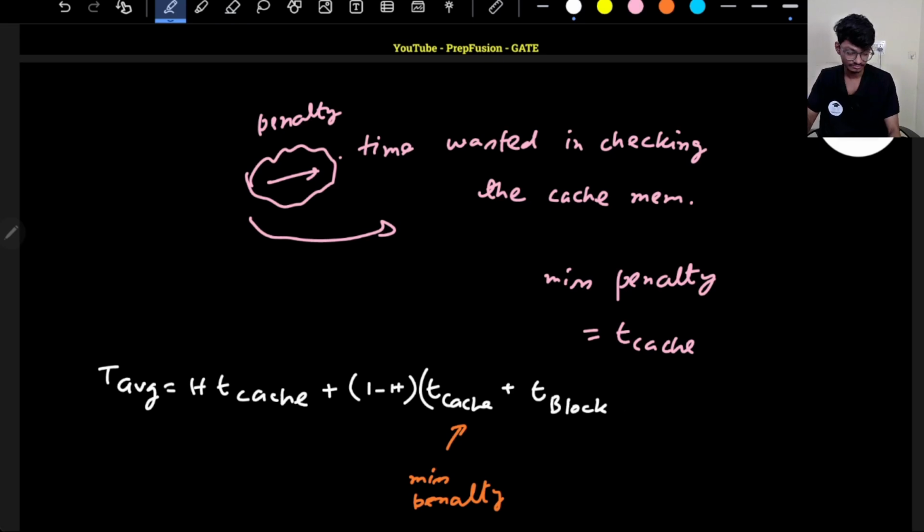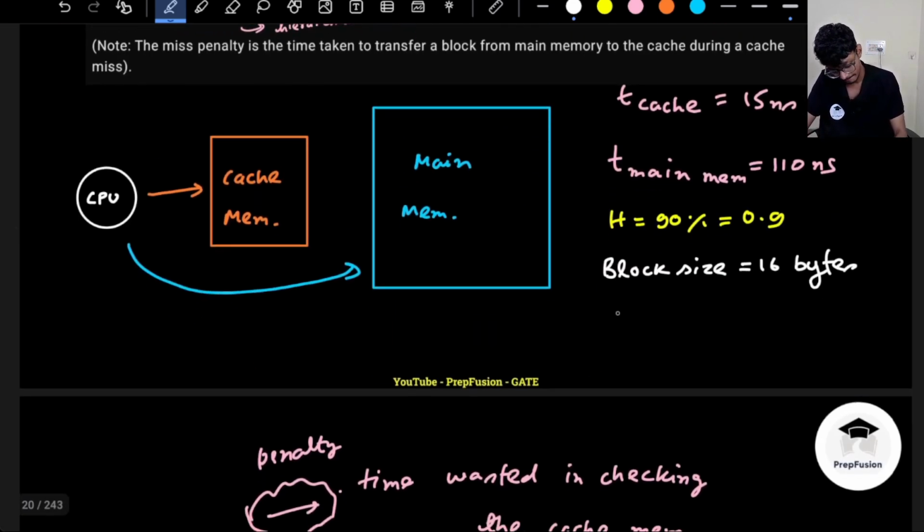T block is the transfer time required to transfer the block of data from the main memory to the cache, plus again the time it requires to write back into the cache memory, so plus T cache. So what is T block? T block will be block size 16 times the main memory time 110, so it will be 1760 nanoseconds.